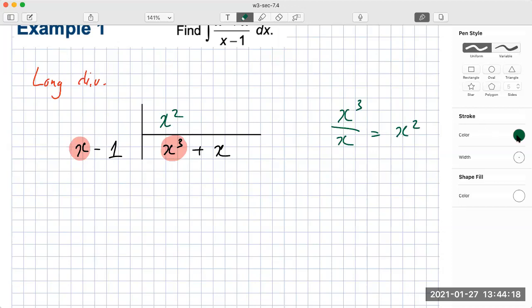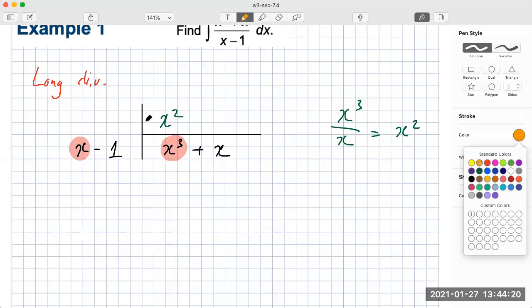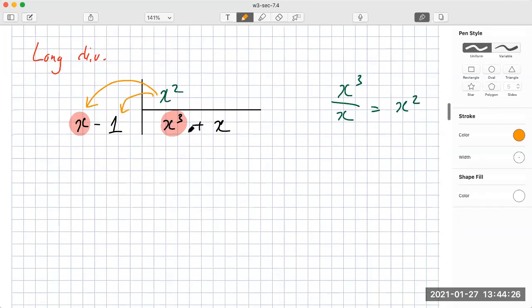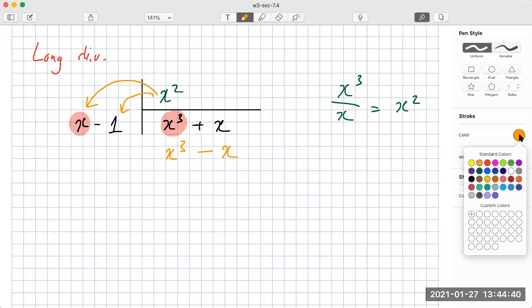So we multiply back the whole divisor by this, and we write it below. What do we have? x squared times x, and x squared times negative 1. So what should we do now?